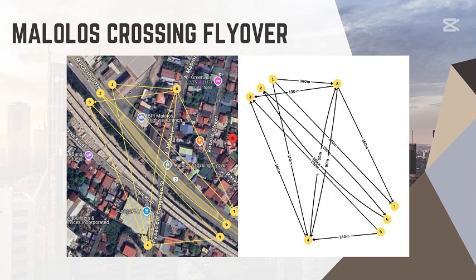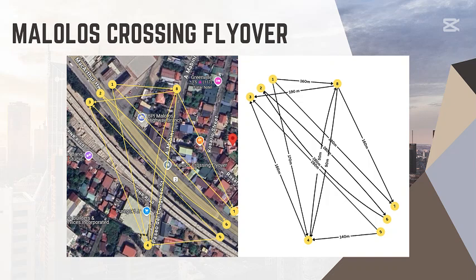So this explains how the shortest path problem helps us to be efficient, especially when calculating the distance of our routes. This short analysis proves that the shortest path problem can be applied in the intersection roads of Malolos Crossing.